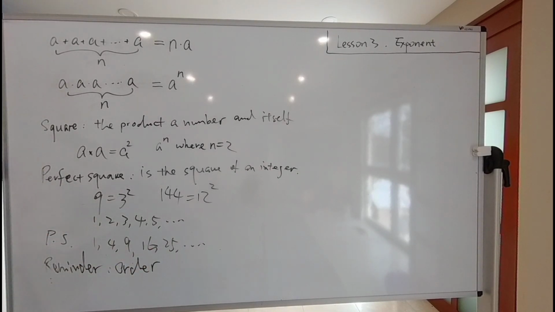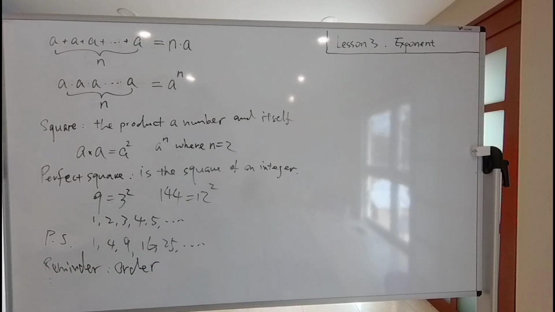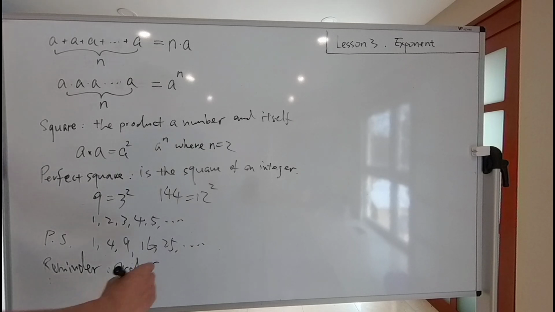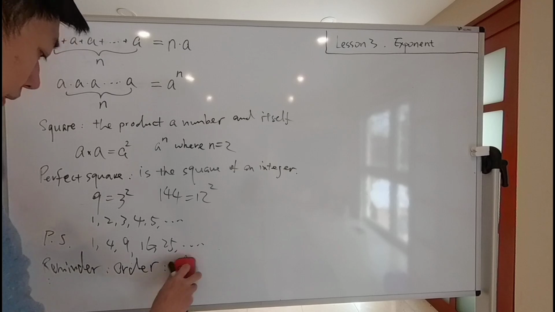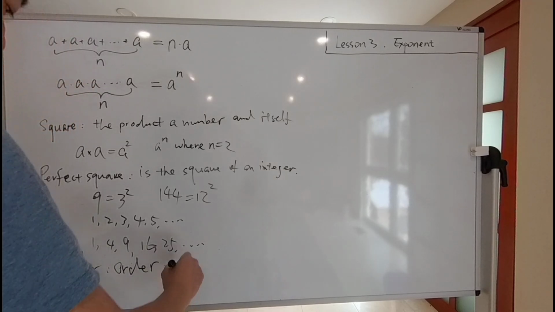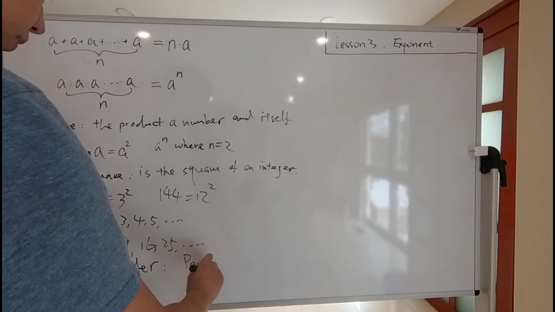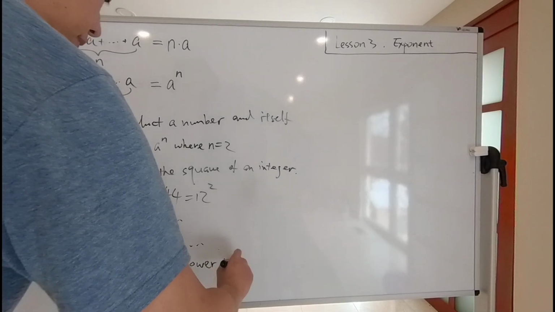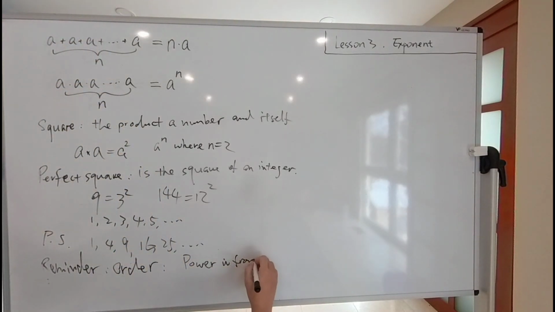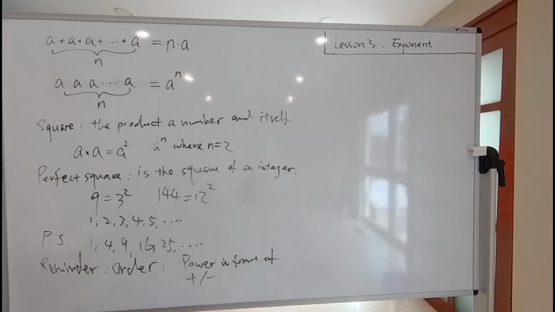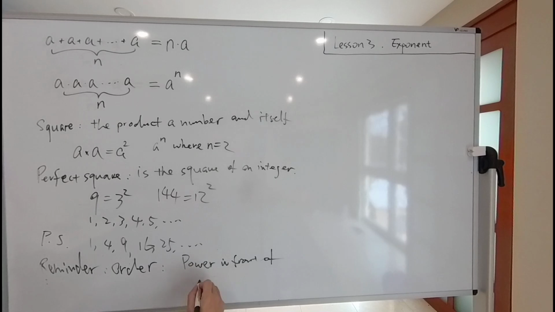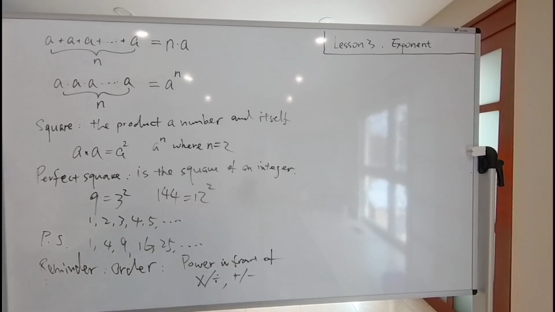You should compute powers in front of multiplication, division, addition, and subtraction. Simply put, power calculations come before multiplication and division, and then addition and subtraction.